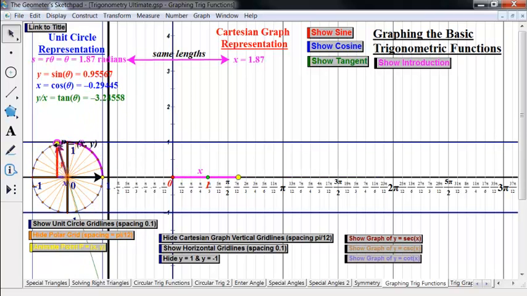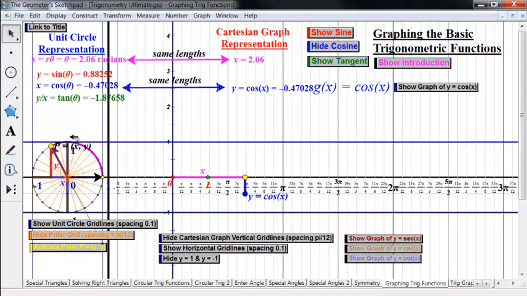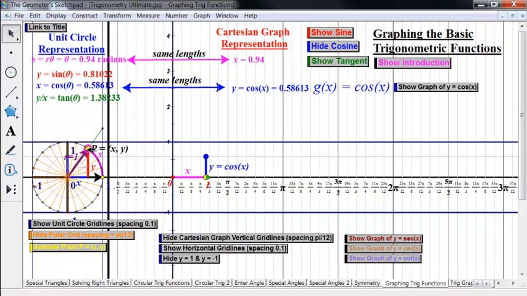But again, the main thing I want you to notice is that this arc length here is the same as the x here. So what's an angle in the picture on the left is actually not an angle on the right. It's an x value, or horizontal distance. Now, the cosine of the angle is the x value. So that's this blue distance right here, with the appropriate sign, positive or negative.